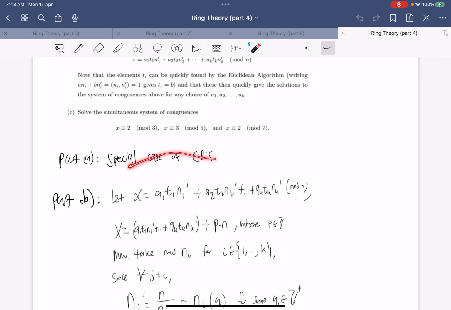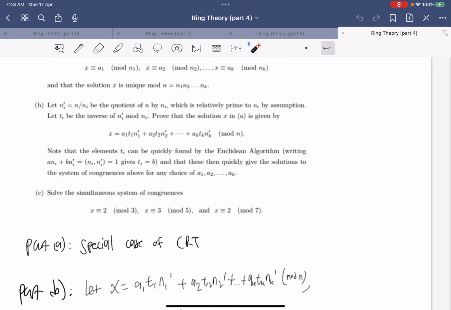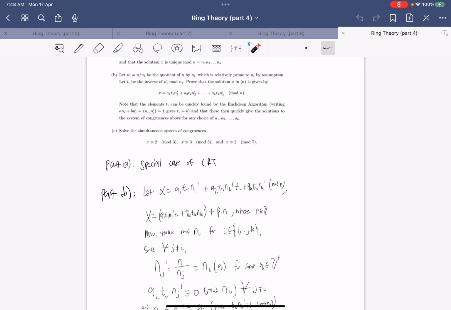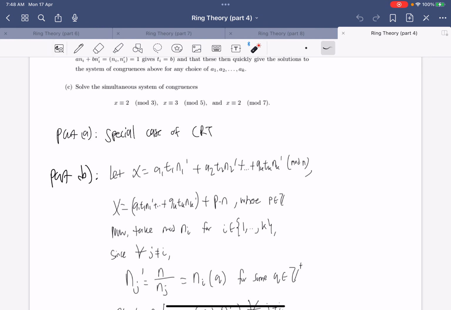So this is really a special case, so I'll let you do it yourself by just applying the general Chinese remainder theorem. But for part B, we want to show that the solution is of this form. It's just a step of verification, so you let the solution be what you thought of.